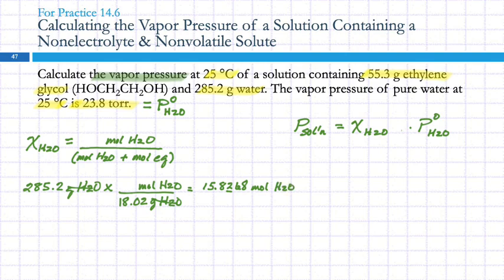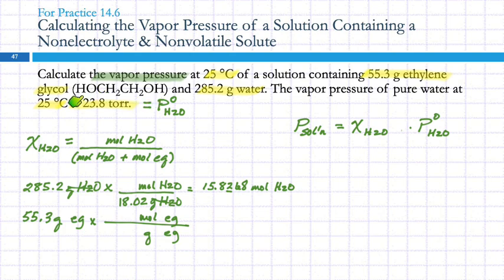And then I have the mass of the ethylene glycol, 55.3 grams of EG. So we need to calculate the molar mass of this one.